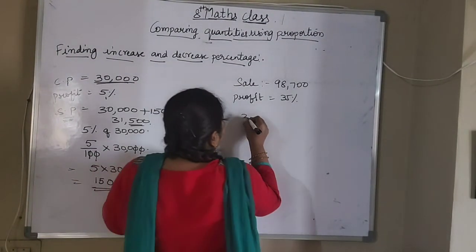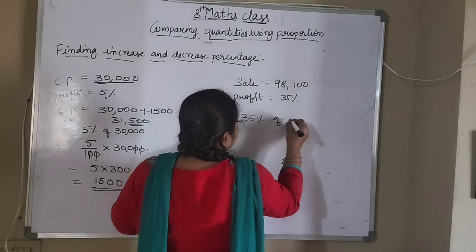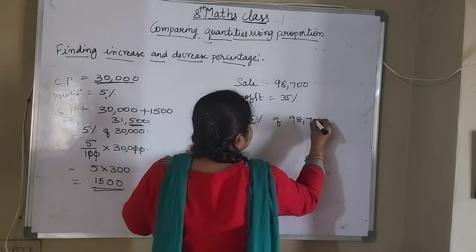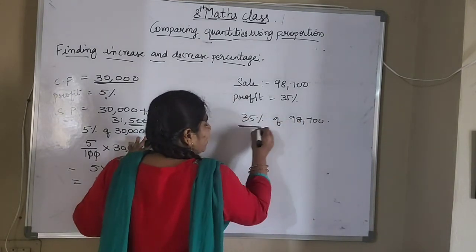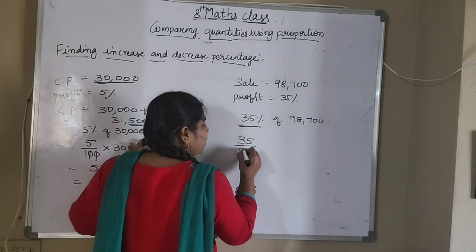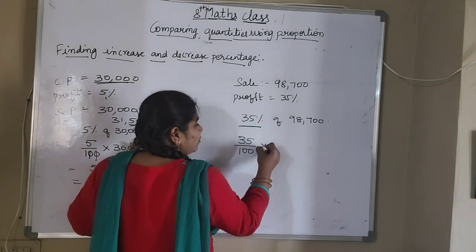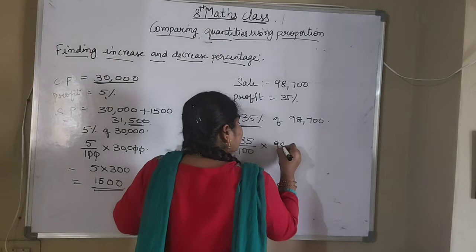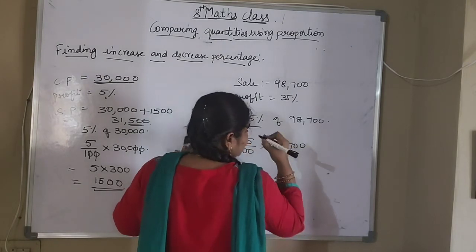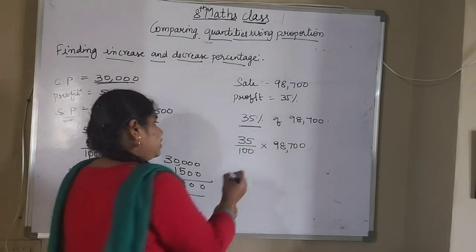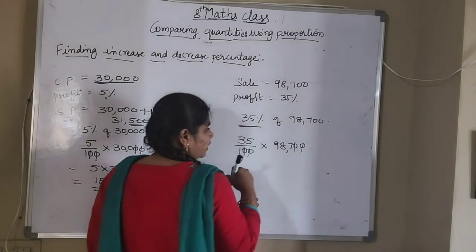Same, 35% of 98,700. So 35% is nothing but 35 by 100. Of is nothing but multiplication, 98,700. Okay, here 0 0, here 0 0 will get cancelled.